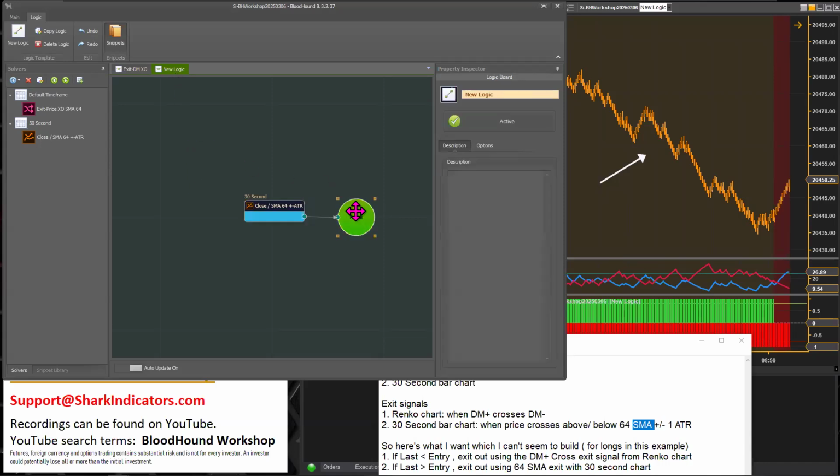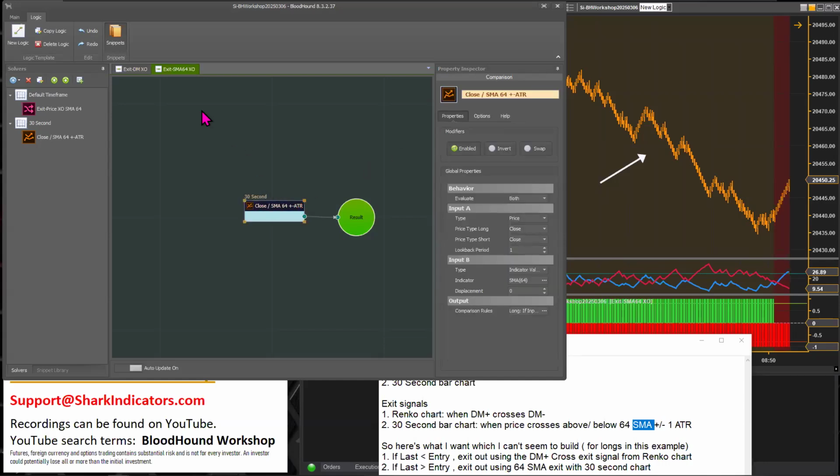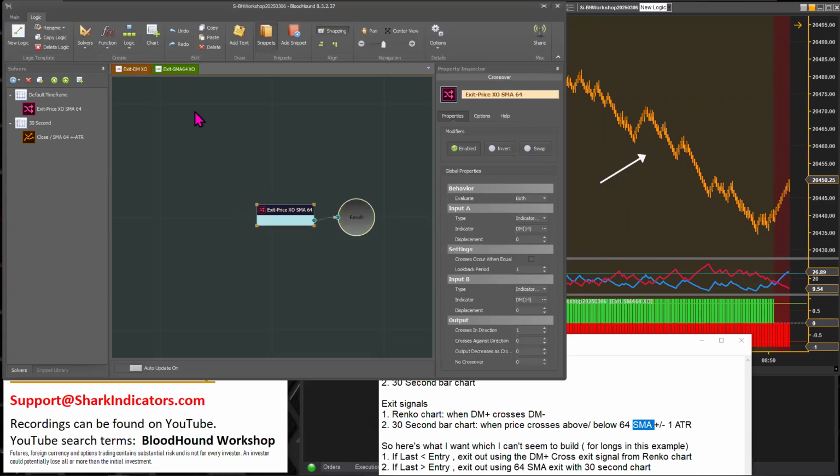Let me name the logic template as well. Remember, it's always a good idea to name your logic templates so you know the difference between the systems that are in those logic templates.